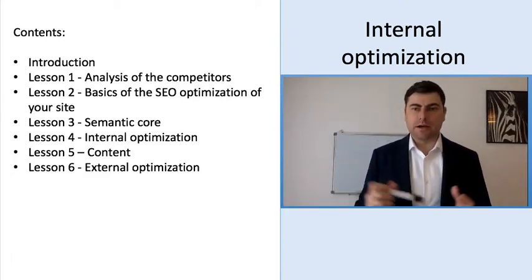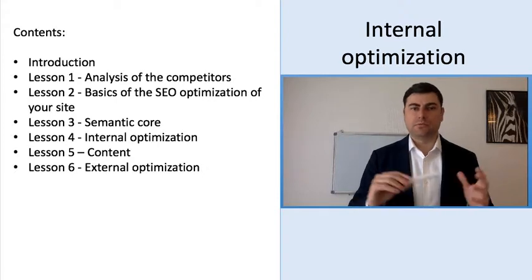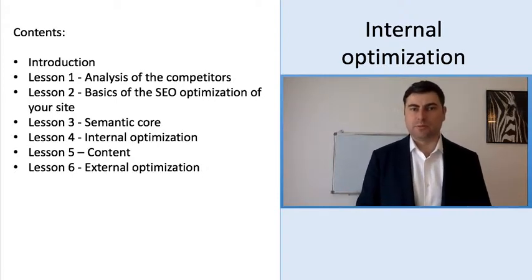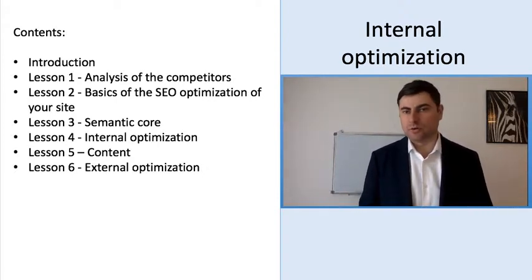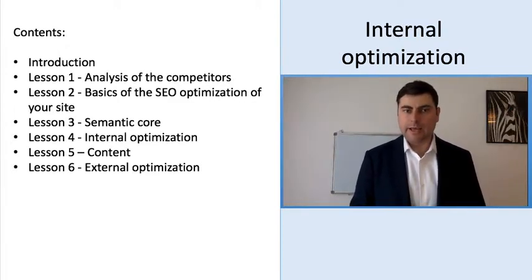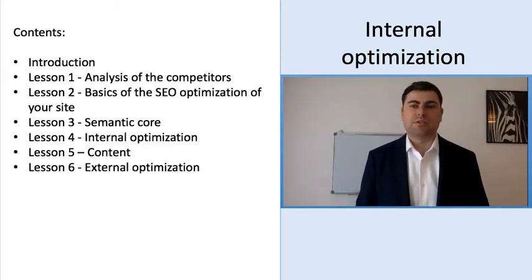Hello and welcome to the next lesson, internal optimization. So now we have a website, made basic SEO optimization, know about our competitors, collected the semantic core, and now we are ready to make some internal optimization.